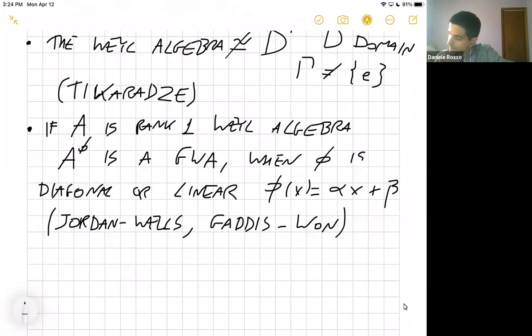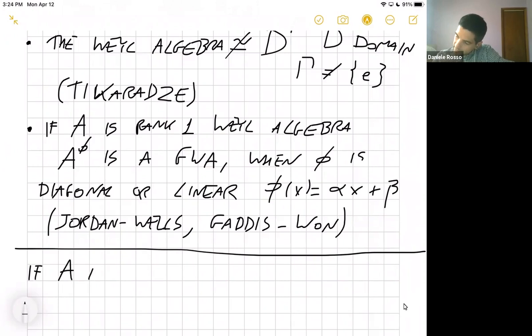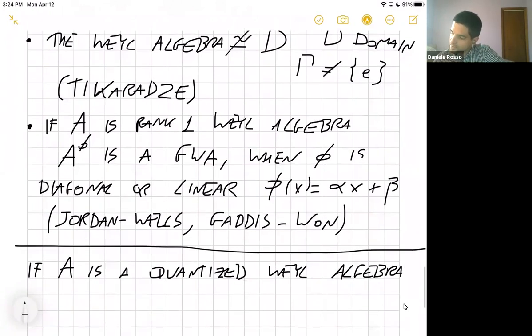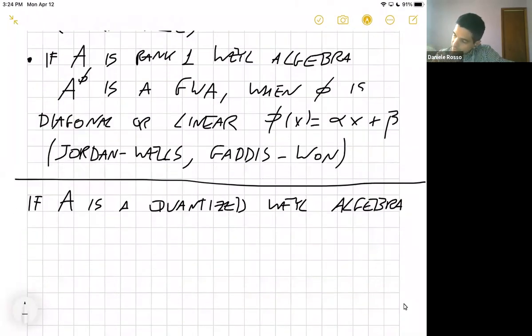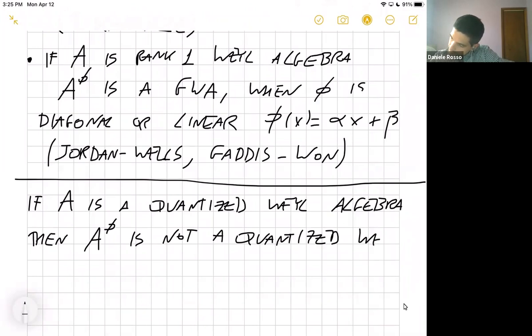One thing that can be observed is that if A is a quantized Weyl algebra, which was the example I didn't write down explicitly at the end, the example that is a TGWA but not a GWA, it can be checked that A upper phi is not a quantized Weyl algebra again. But there's certainly hope that it can still be a TGWA.